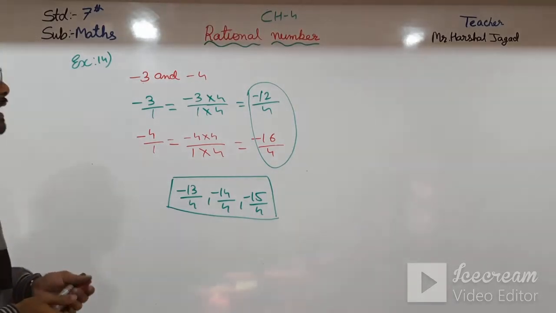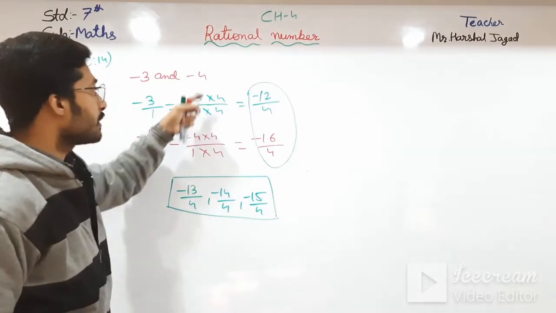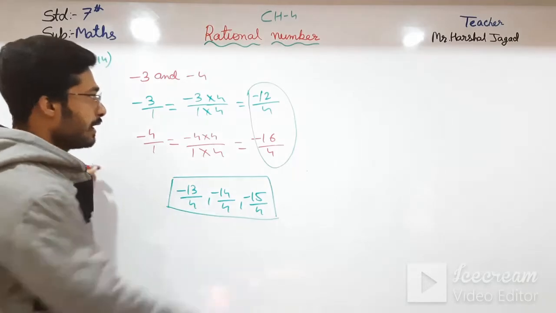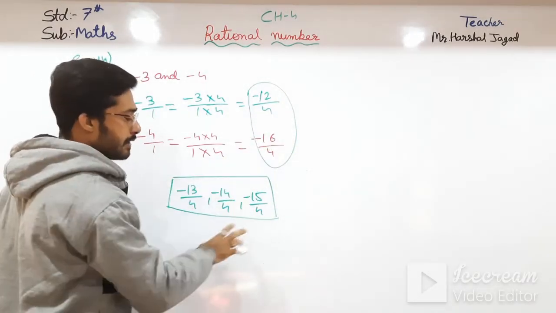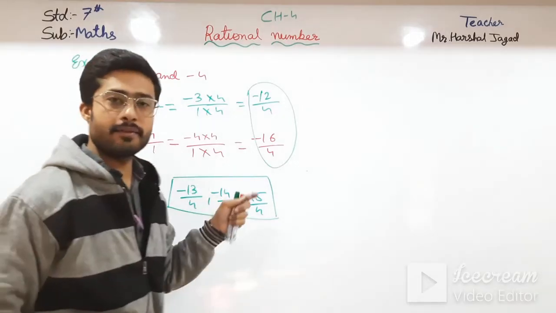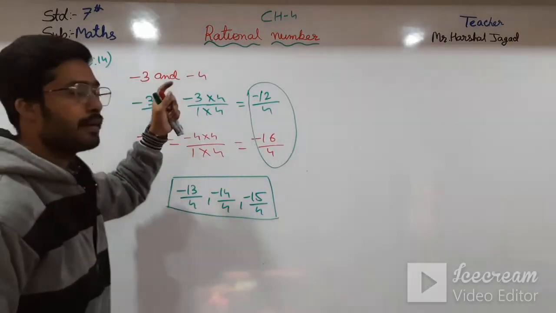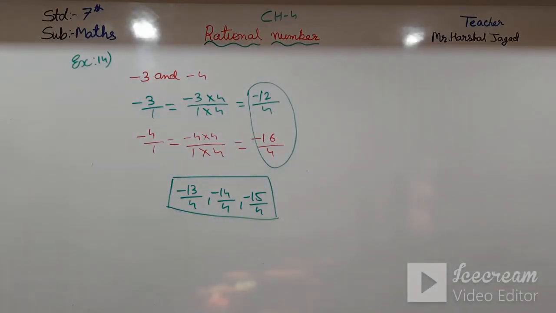Okay students, here we have just multiplied both with 4 only. We can also multiply with 5. So these are the three rational numbers between minus 3 and minus 4. Okay students, if you want, you can write them down.